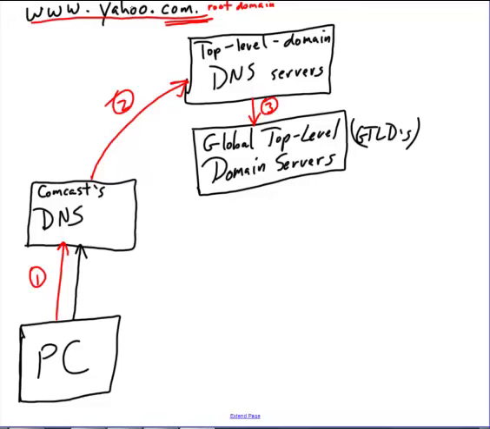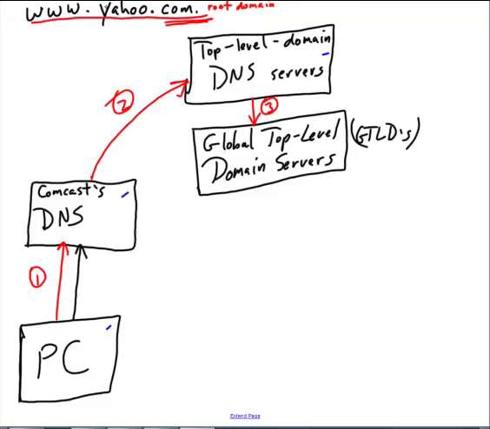of the process. And so once again, our computer has contacted the DNS that it knows about, which of course did not know the IP address we were looking for. So it kicks off this chain of events that starts by querying the top-level domain DNS servers.